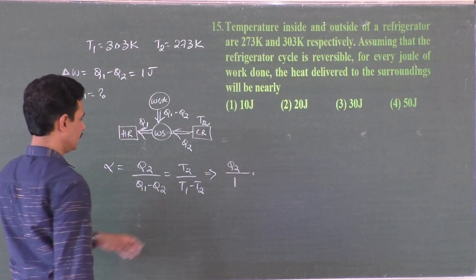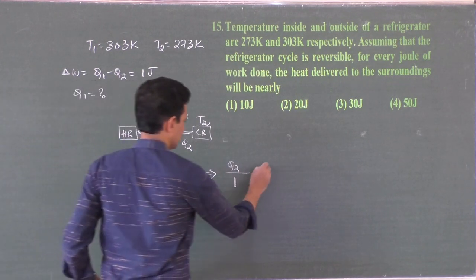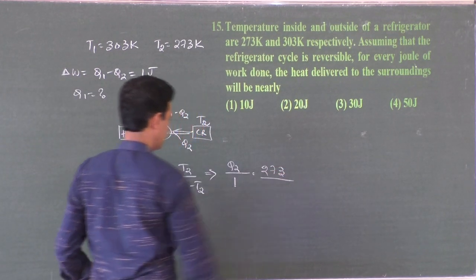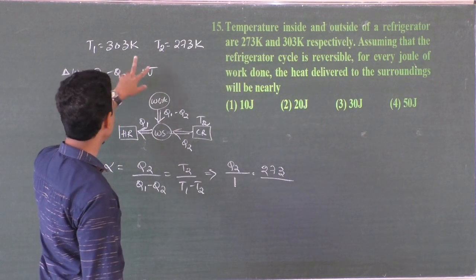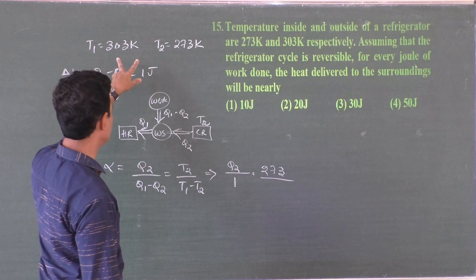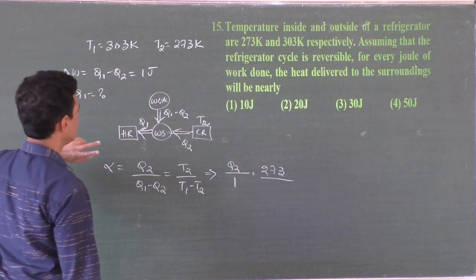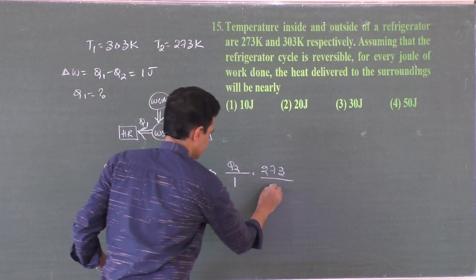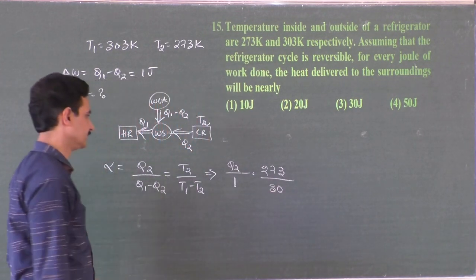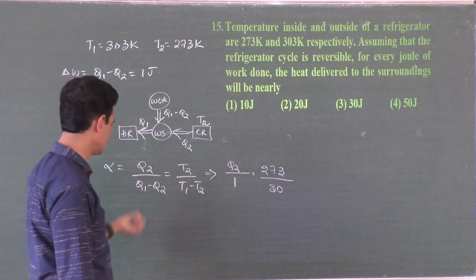Q2 by 1 joule is equal to T2, that is 273, divided by T1 minus T2. We have gone wrong. T1 minus T2 is not 303 by 273. What is that? 303 minus 273 is 30. That's where we have gone wrong. It is 30, not 303. I don't know why I substituted it so.